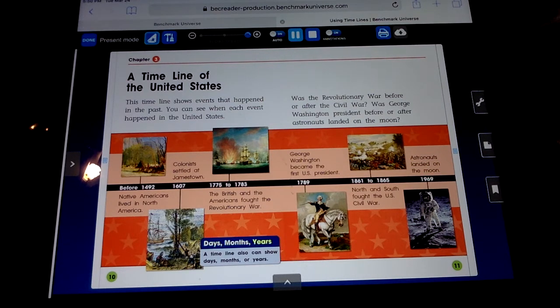Days, months, years. A timeline also can show days, months, or years.